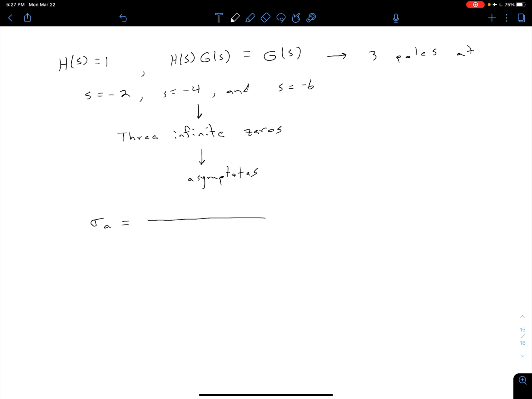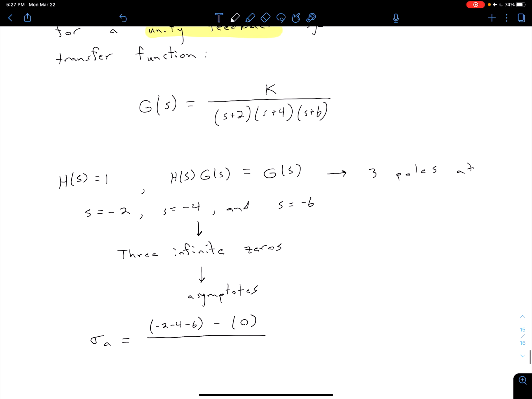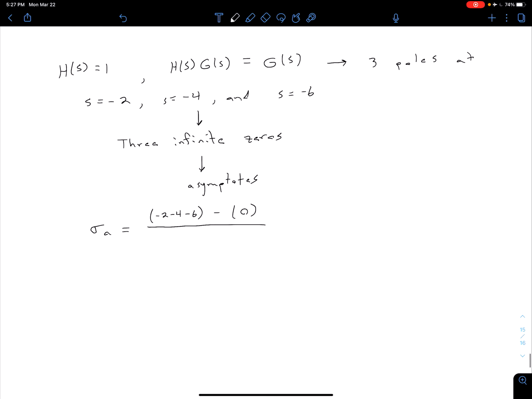In the numerator, we have the sum of our poles, so -2 plus -4 plus -6, which is -12, minus the sum of our finite zeros, which in this case is 0 since we don't have any in the numerator. In the denominator, we have the number of finite poles, which is 3, minus the number of finite zeros, which is 0. If we plug that in, we get -4.